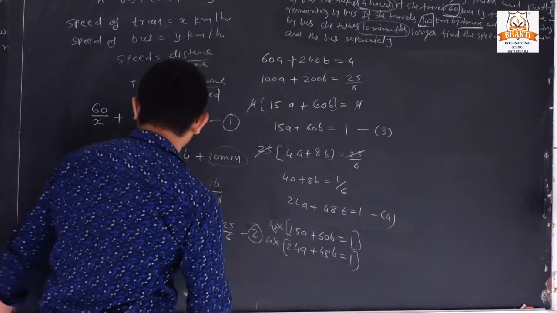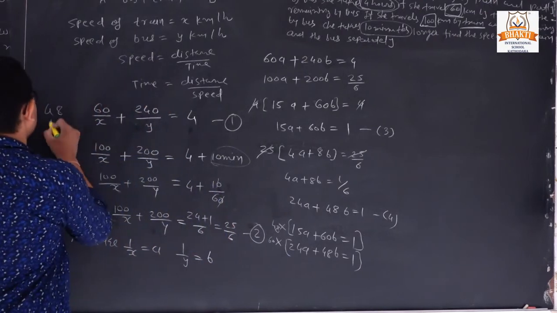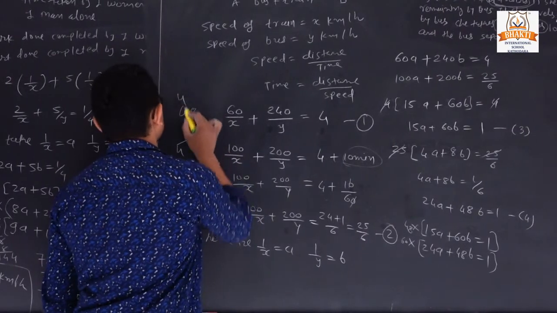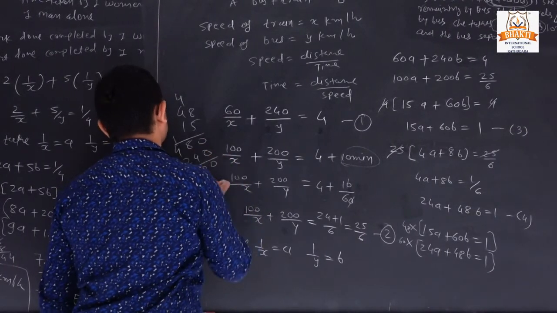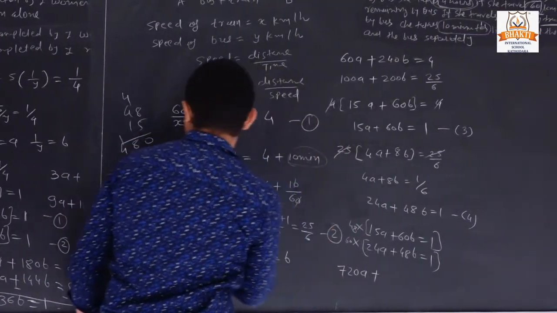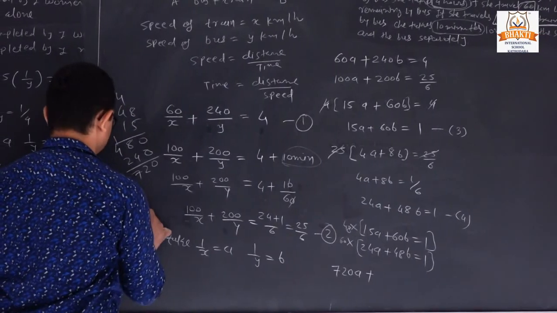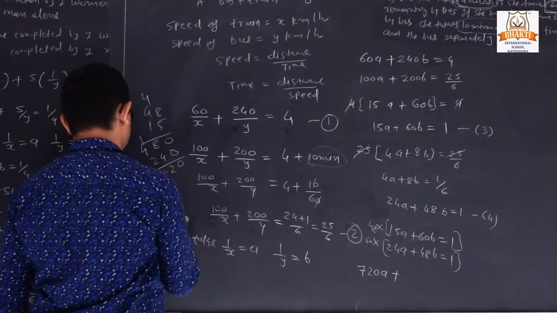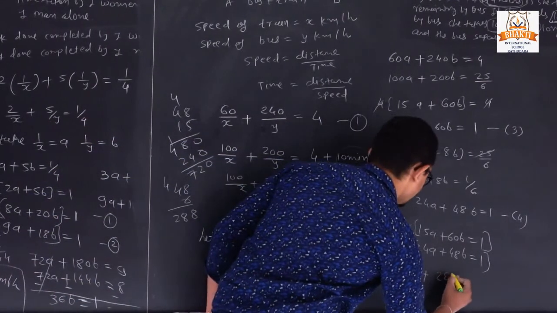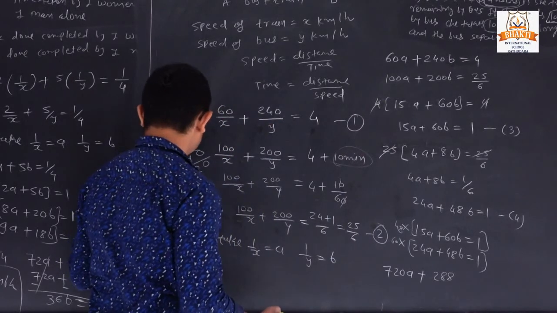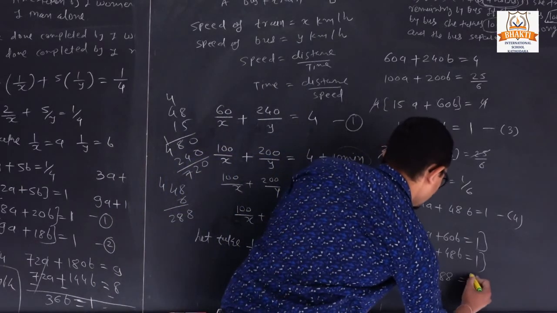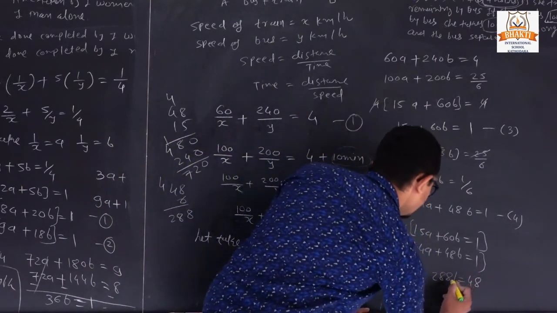So 48 into 15, so it is 720a plus 48 into 60, and 48 here b.